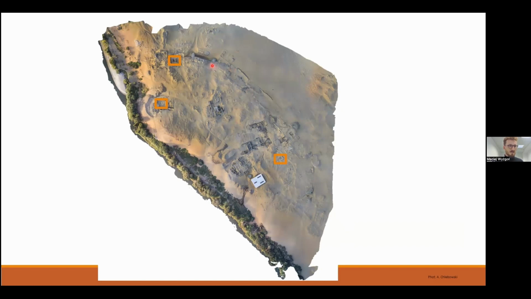I marked them on this orthophoto of the Dongola citadel. So here was located the 14th century house compound, the 15th century, and the 16th century compound has the same location as the 14th century, but it's just from the next phase. And the 17th century house compound was located in the eastern part of the citadel.